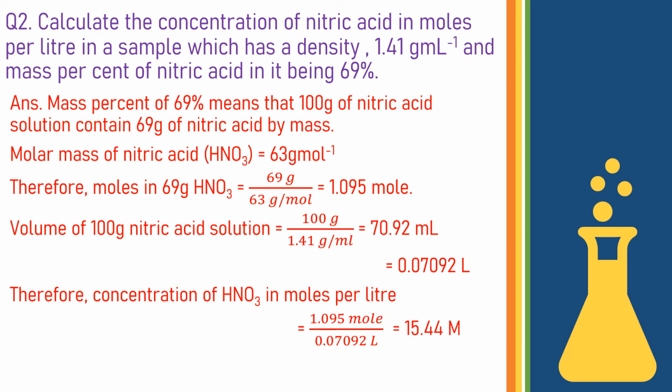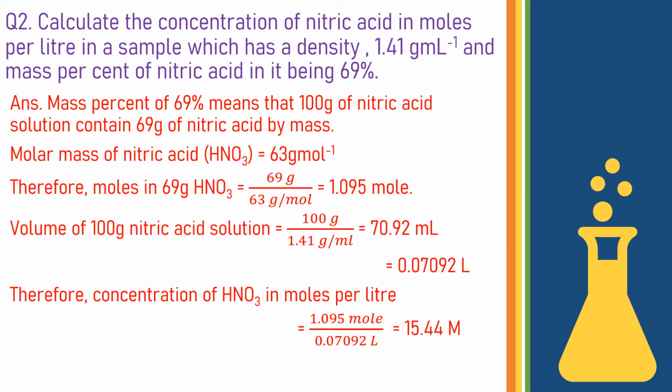So how to calculate the number of moles? Given mass by molar mass. So given mass here is 69 grams and molar mass here is 63 gram per mole. So after dividing both of them, we get how many moles? 1.095 moles. So now we have been given the density in the question. So for calculating the volume of 100 gram nitric acid solution, what do we have to do?